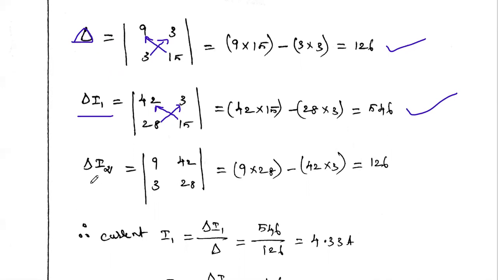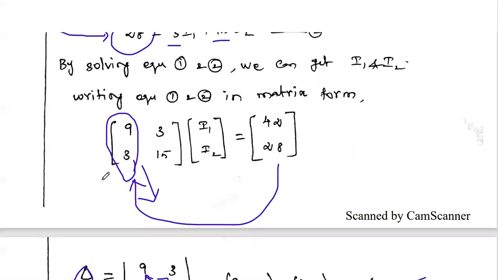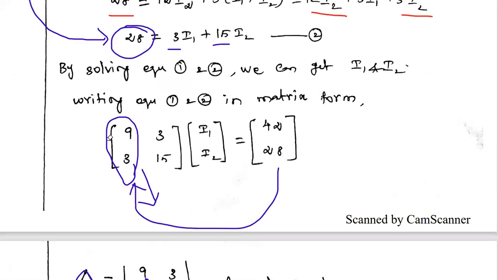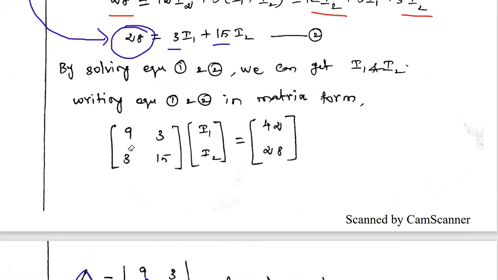Similarly, we have to find del I2. What is del I2? In the same 2 by 2 coefficient matrix, you replace the second column by the constant matrix, and that is del I2.